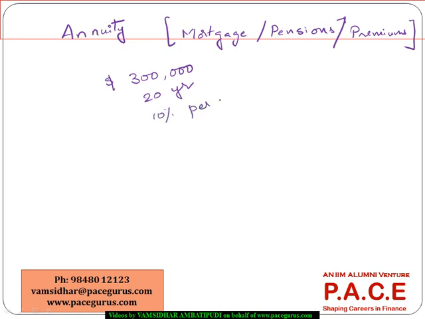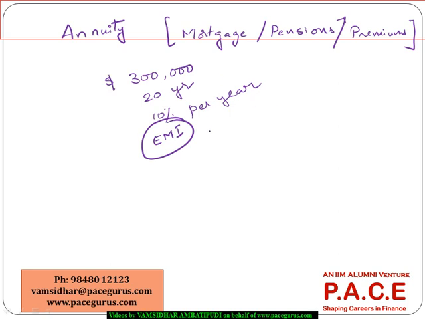I have to pay an equal monthly installment in this case. So what should that equal monthly installment be?